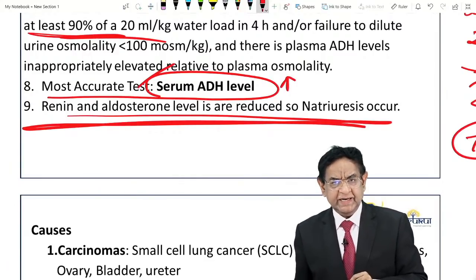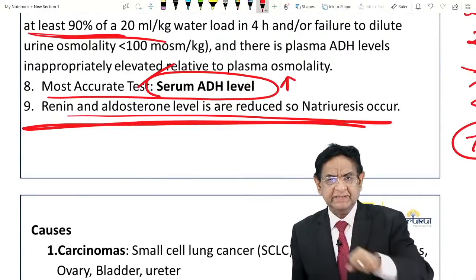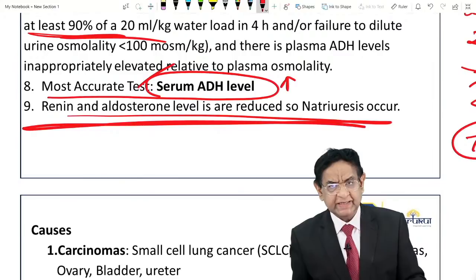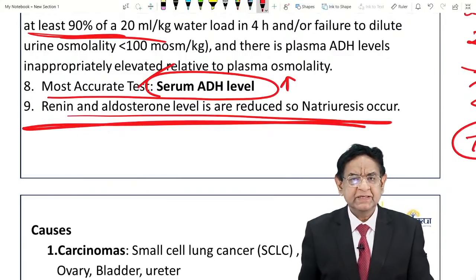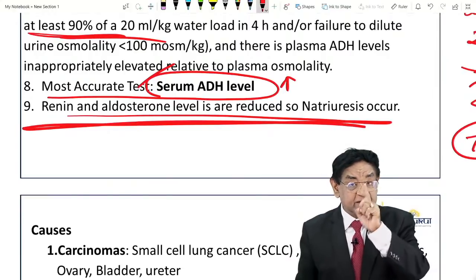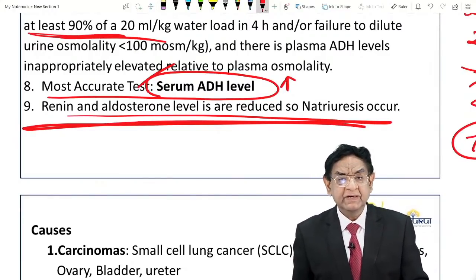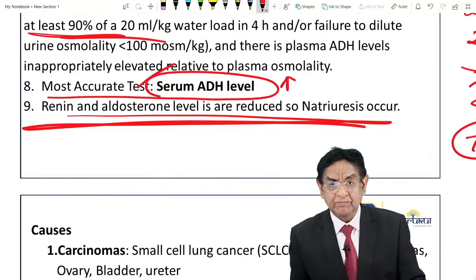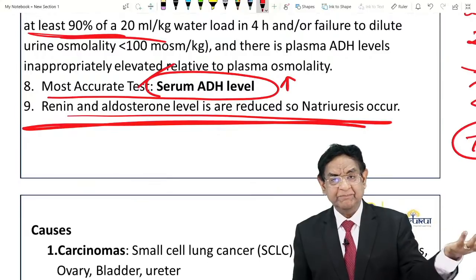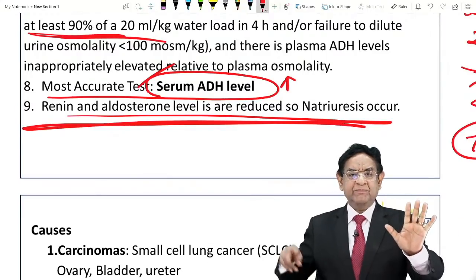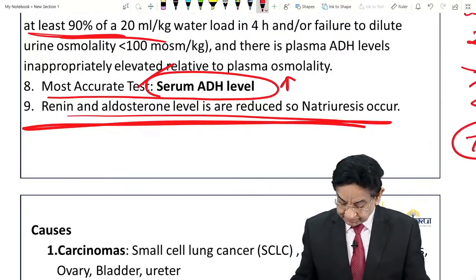Increased. What is the best screening test? Water loading test. What is the most accurate test? Serum ADH, which is increased. What happened to serum aldosterone and renin level? Both are reduced. Very simple. So these are 7 points you have got to remember. SIADH is your tips.